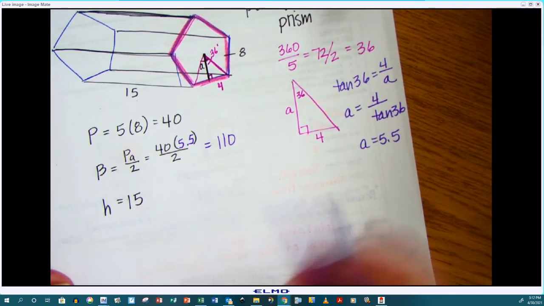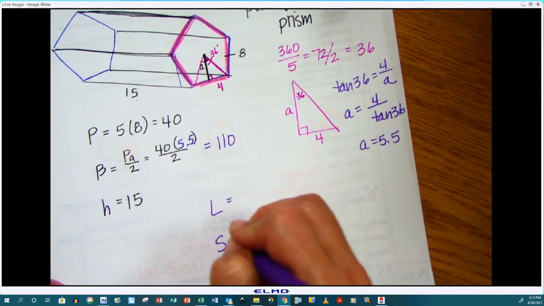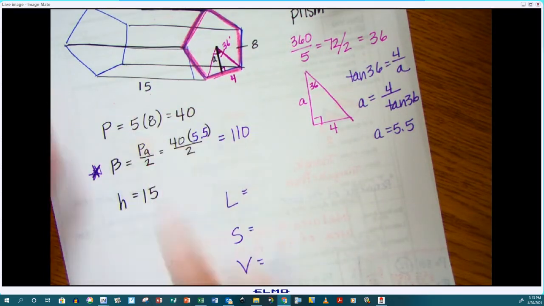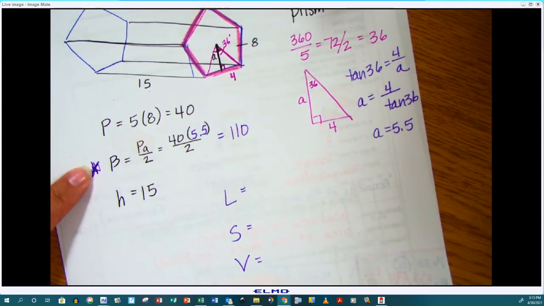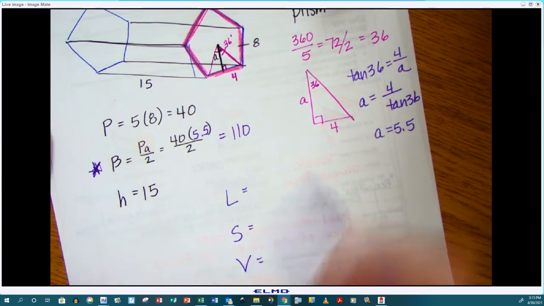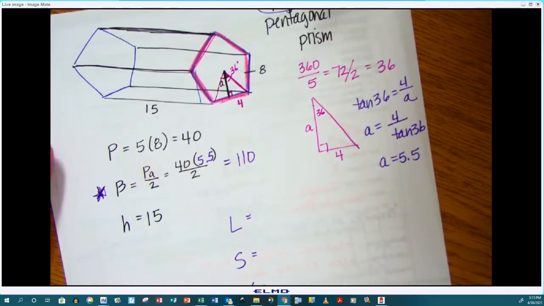So now you have P, B, H, lateral area, surface area, volume. This part right here, I'm not going to lie, this part is going to take the longest, depending on what your shape actually is. But you have to know how to find regular area, just like anything else.